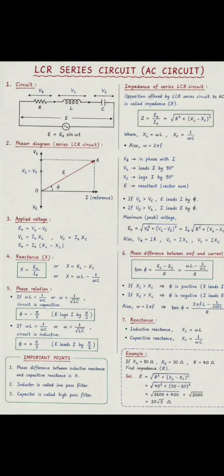Graph is important. In the phasor diagram there is no phase difference in a resistive circuit. Yes, both are parallel. And in an inductive circuit, there is a 90 degree difference in current. And the next one is the LCR series circuit, an AC circuit.